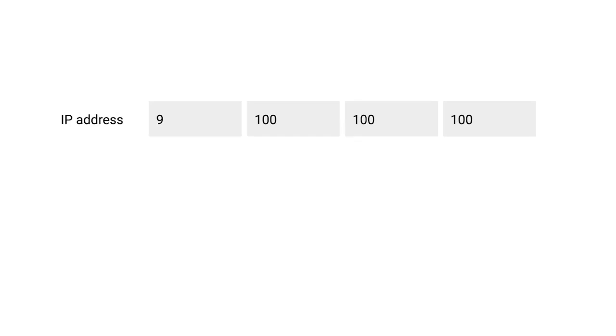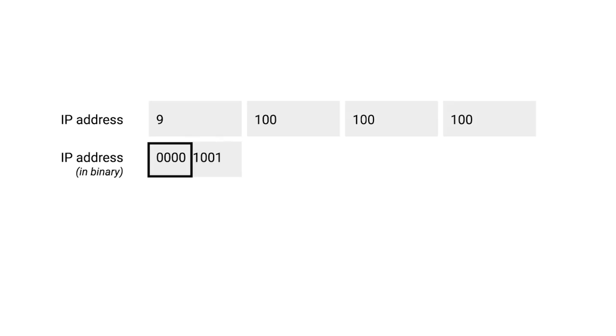9.100.100.100 again. You might remember that each part of an IP address is an octet, which means that it consists of 8 bits. The number 9 in binary is just 1001. But since each octet needs 8 bits, we need to pad it with some zeros in front.